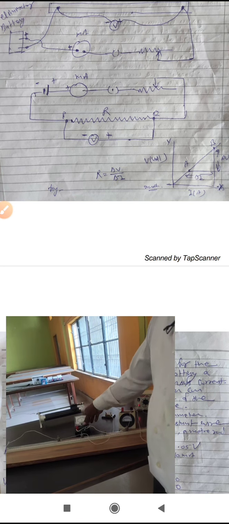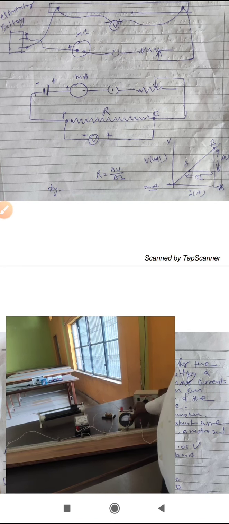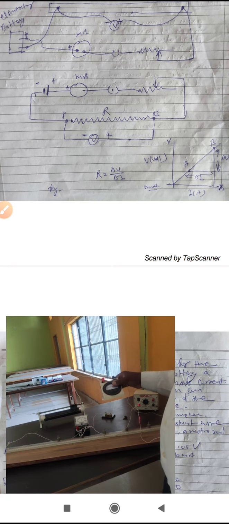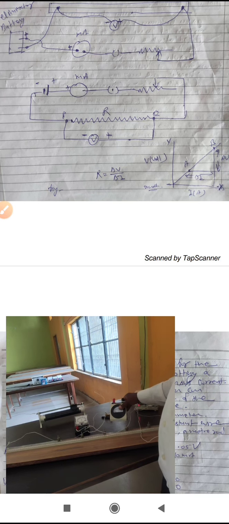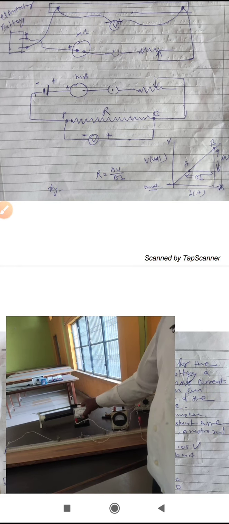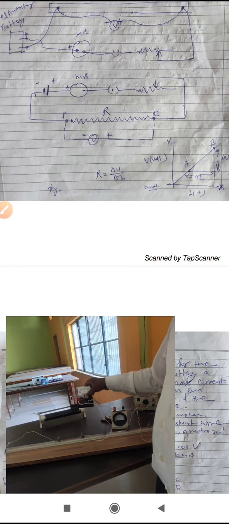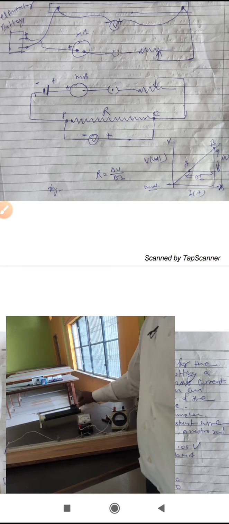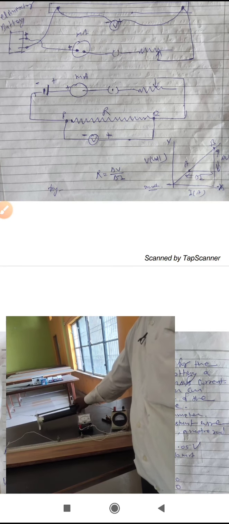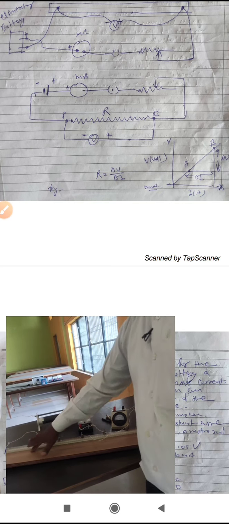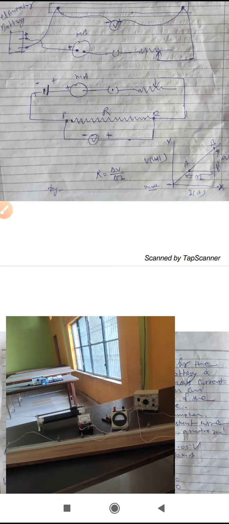So that is the voltmeter, which is connected in parallel with the circuit, and that is the milliammeter, which is connected in series, and that is the variable resistor. With the help of this we can control the current in the circuit, and that is the wire. We have to calculate the resistance across this wire.